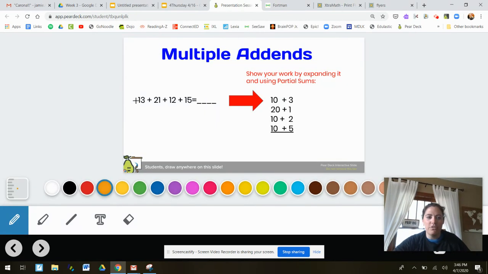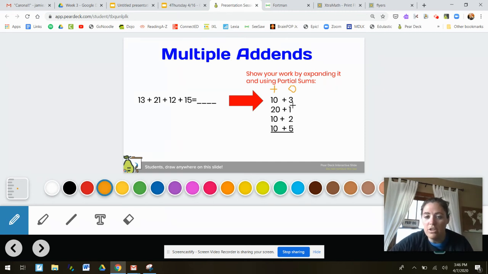So when we're adding 13 plus 21 plus 12 plus 15, I did the work of splitting it out into those partial sums into your 10s and then into your 1s. Look, I can put a T here because that's my 10 spot, and then this is my 1 spot, okay? So we have our 10s and our 1s.